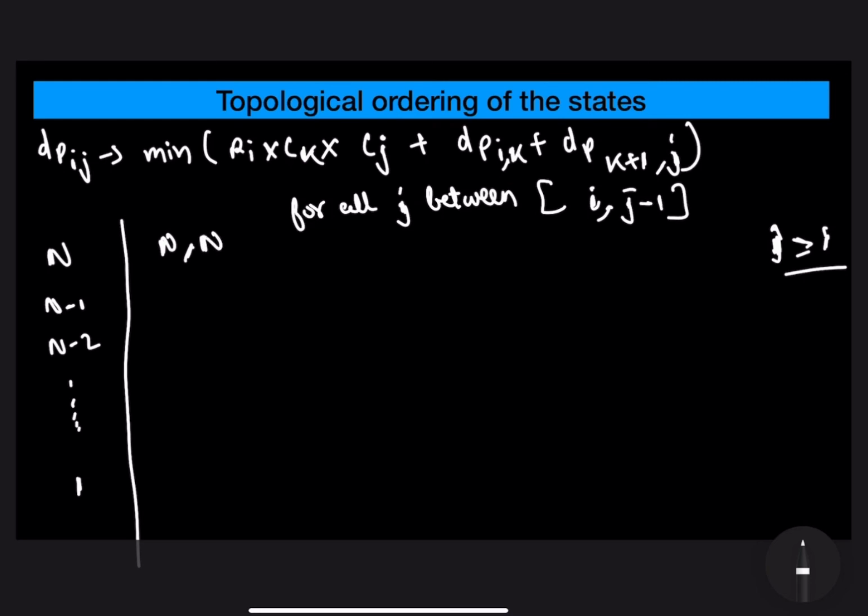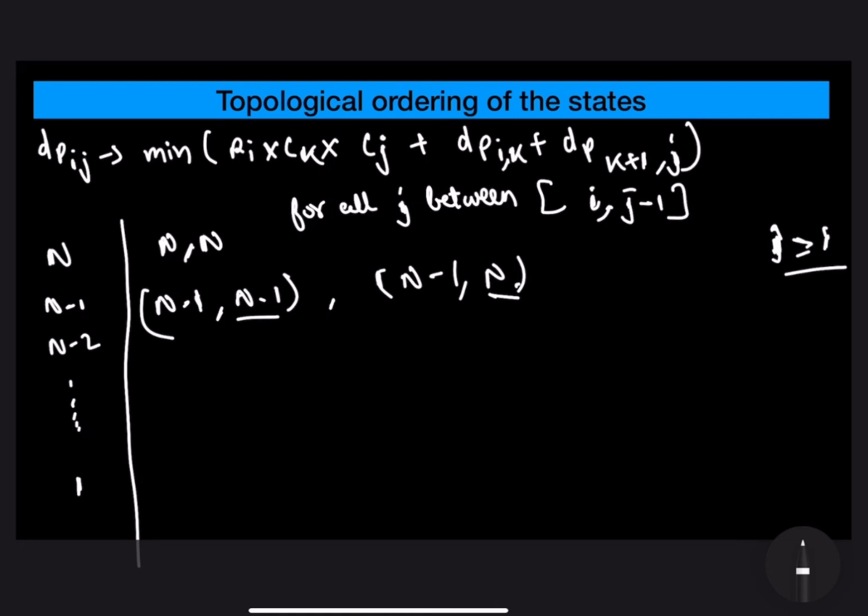And now when we are trying to solve the n minus first row, the states that we need to solve are n minus 1 comma n minus 1 and n minus 1 comma n. So this will be in increasing order of the value of j, as we have discussed.